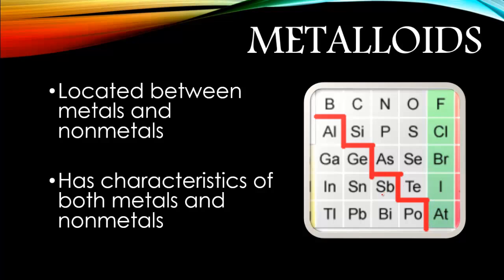Some periodic tables even have a nice red line that shows the metalloids. They are the elements that lie along here, with these being your nonmetals and these being our metals. Because it's in between, it's going to show characteristics of both the metals and the nonmetals.